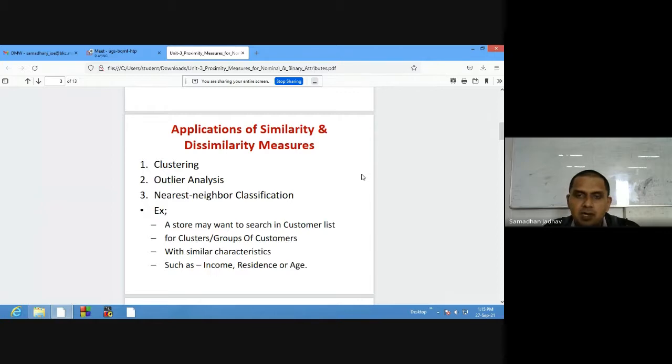Similarly, if I want to form a group of objects, the objects which will not come under that group are called outliers. Suppose there is an email inbox. Whenever some email comes into our inbox, it is checked for its category.